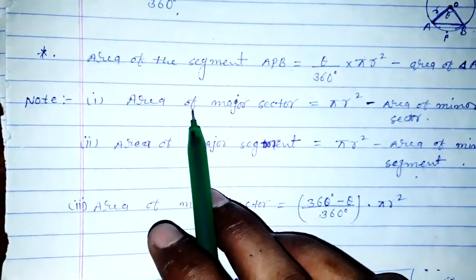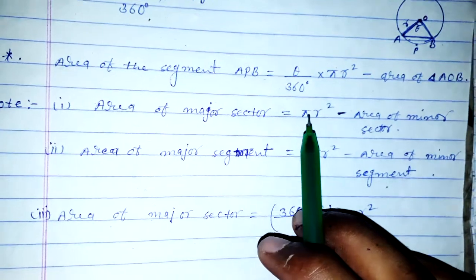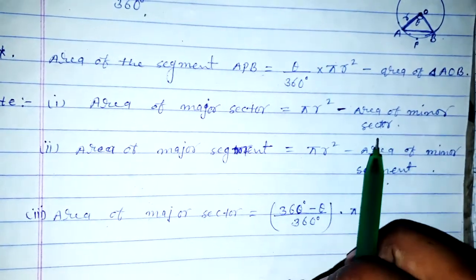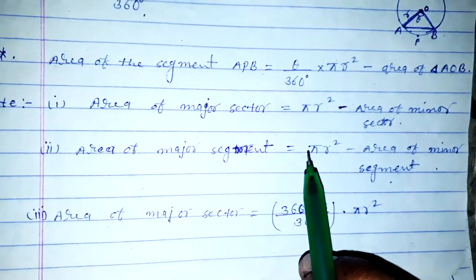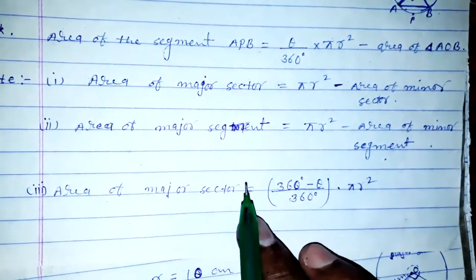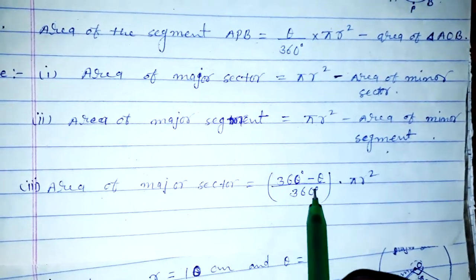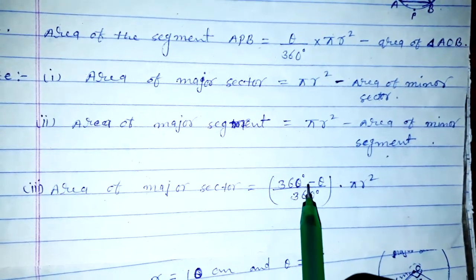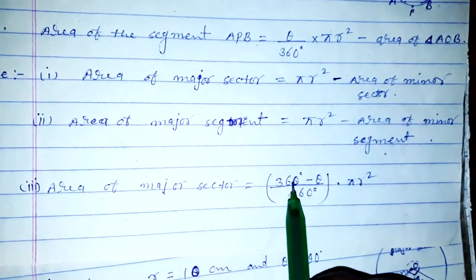Note: area of major sector equals pi r square minus area of minor sector. Area of major segment equals pi r square minus area of minor segment. And for area of major sector, we can also use the formula 360 degree minus theta upon 360 degree into pi r square.